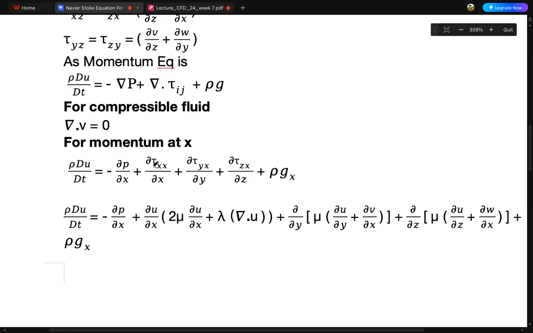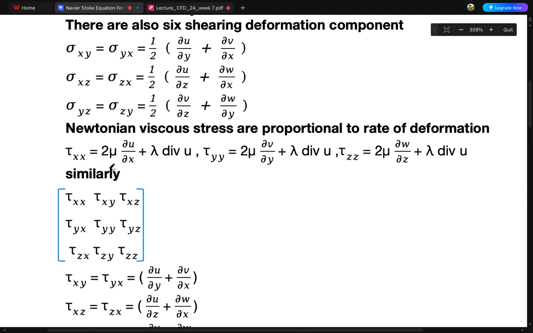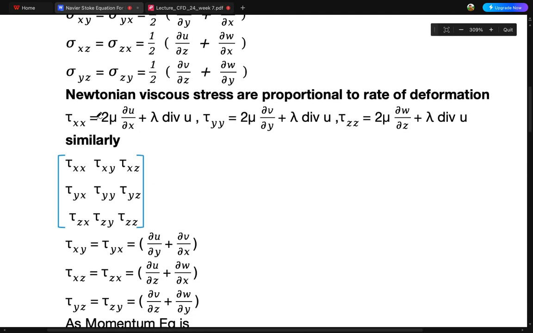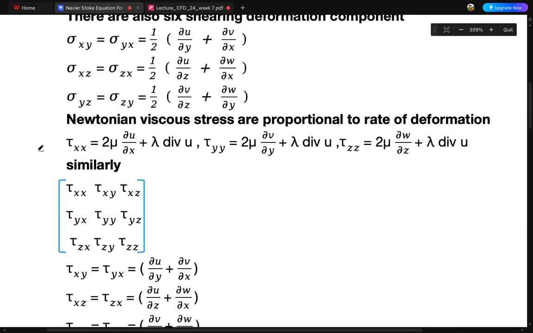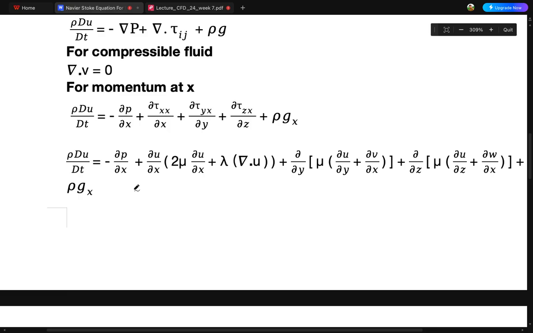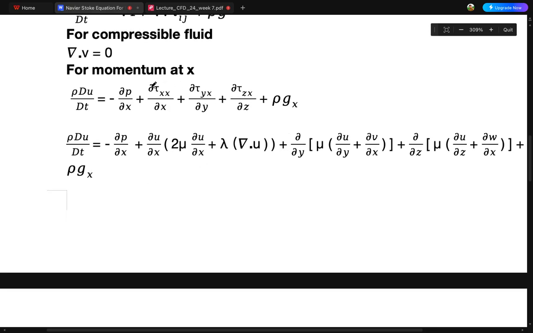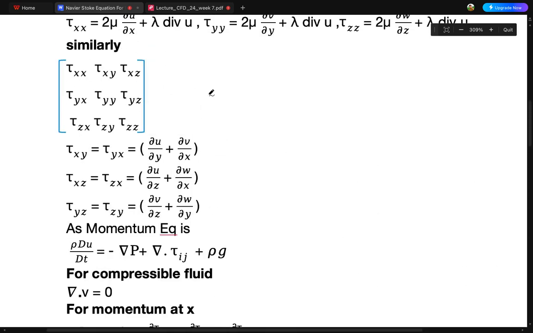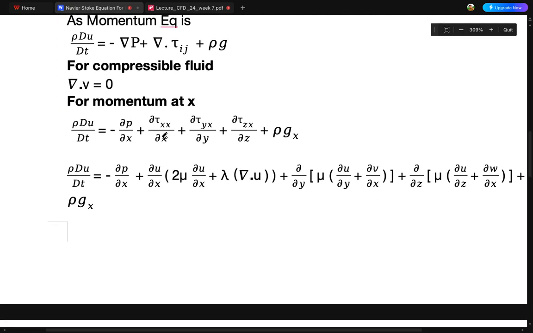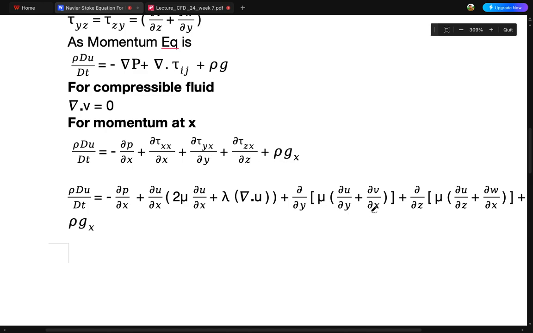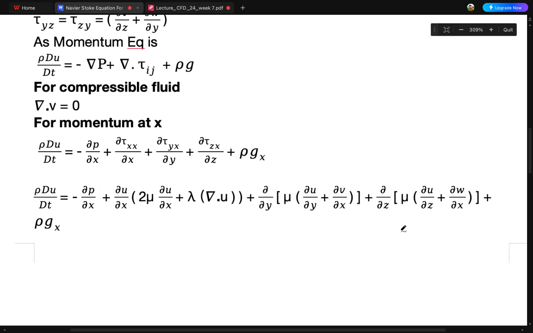We can put the values of tau xx, tau yx and tau zx from here, and similarly for gx, plus rho gx.